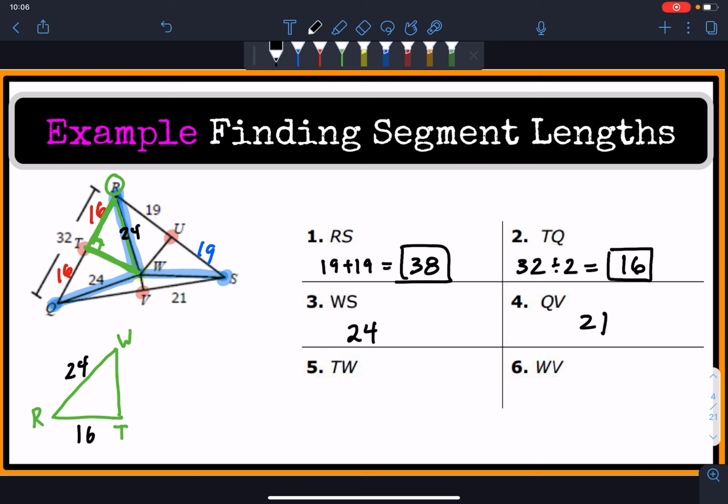So to figure out the missing side, the length from W to T, I'm going to have to use again the Pythagorean theorem. A squared plus B squared is equal to C squared.